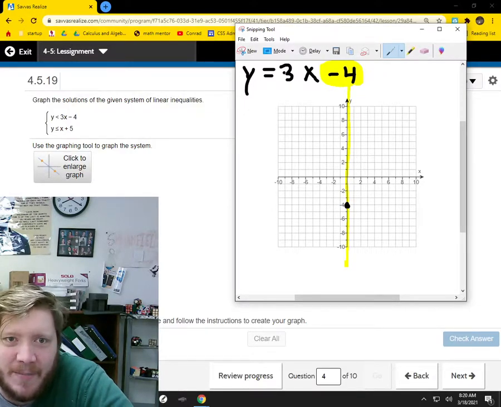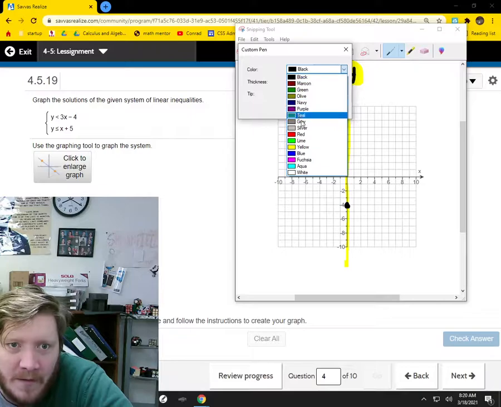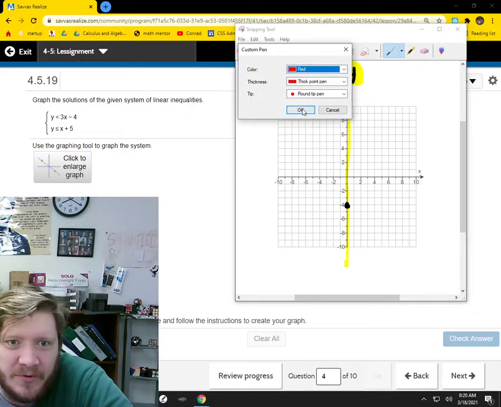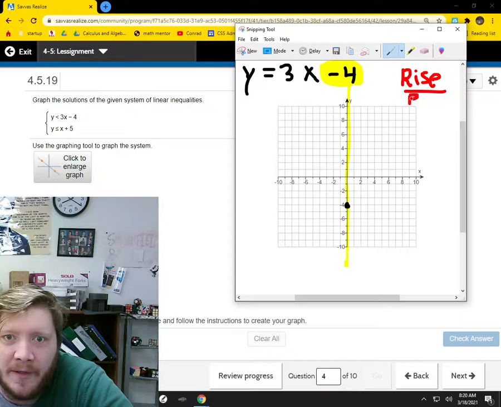Our next step is to deal with the number touching x, and that's called our slope. And the phrase that people use for slope is they'll say slope follows this idea of rise over run.